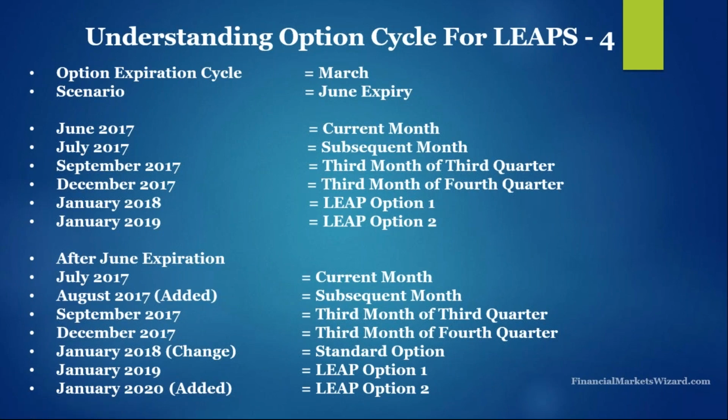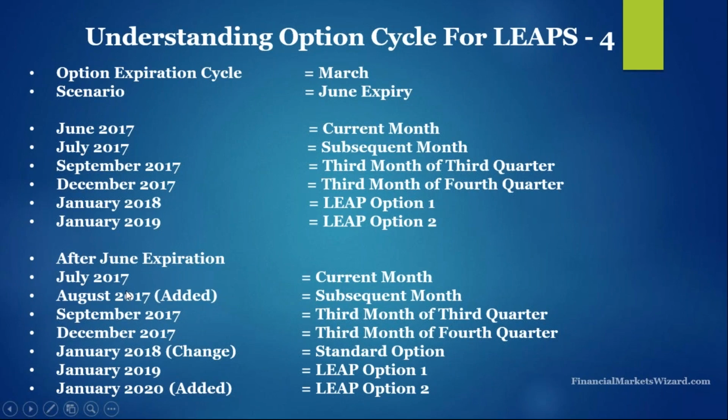So what happens after June expires? When June expires, we know we need 2 months for the modified cycle. So July, which was the subsequent month, will become the current month. They will add August as the subsequent month. There was no August here, so they have to add it. If July is the current month, we cannot be without a subsequent month.